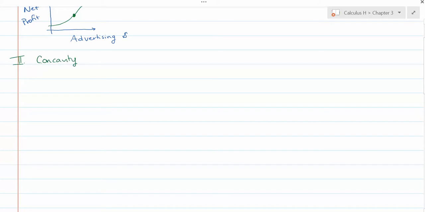Concavity relates to the second derivative because basically it's the rate of change of the slope. So the question you may want to ask yourself is: is the slope increasing or decreasing?